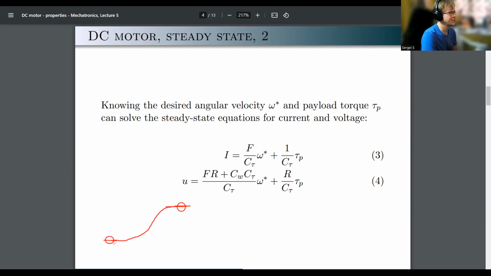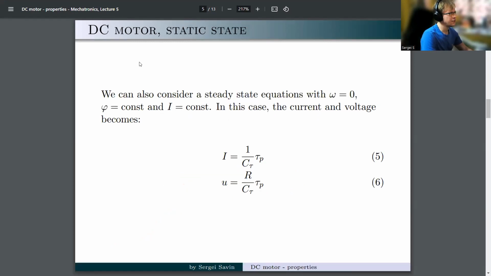Okay, you know it as initial condition. What is the final value of your variable? If it is, for example, u associated with a certain tau and omega, here is how you can compute. So understanding these state equations is important, and they're not difficult, right? It's just basic algebra.